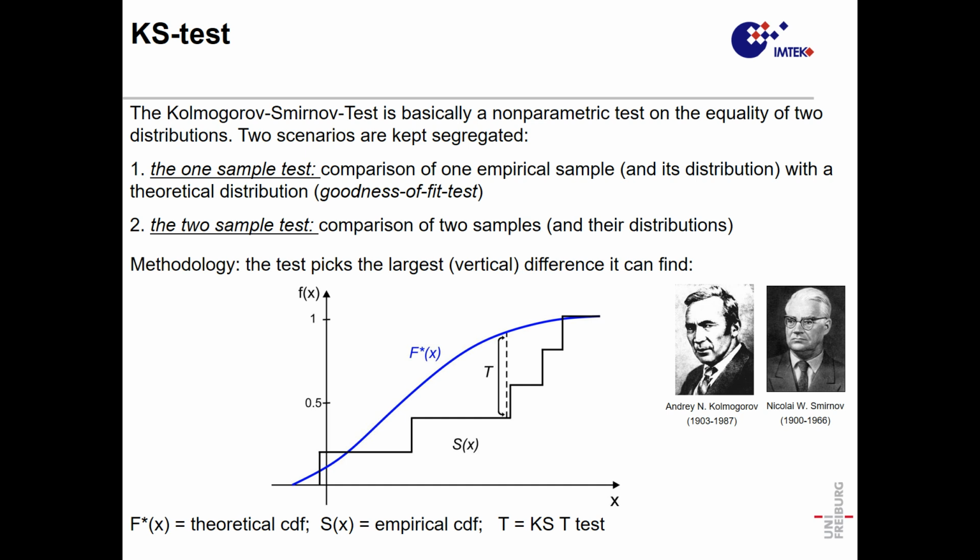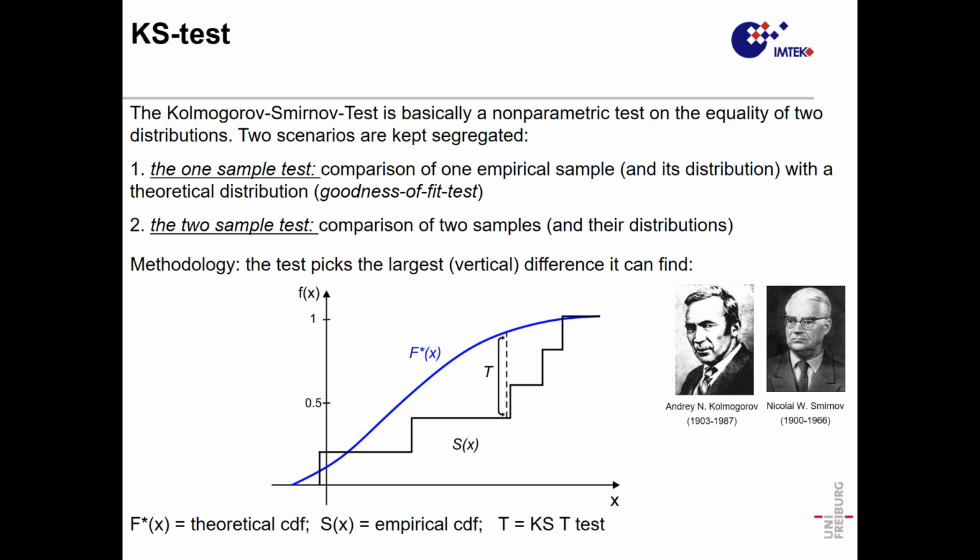So how can we compare? Well, one way is to see how far each point of the empirical distribution is from the theoretical distribution. Kolmogorov and Smirnov came up with the idea that something particularly interesting is the maximum difference between our theoretical distribution and our empirical distribution.